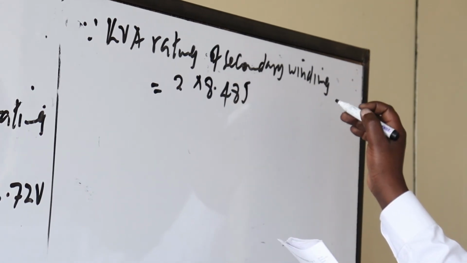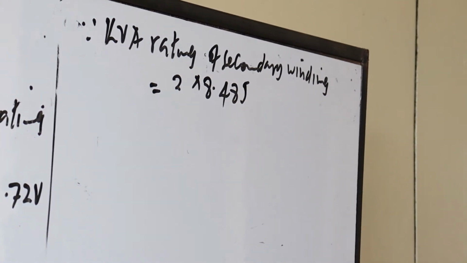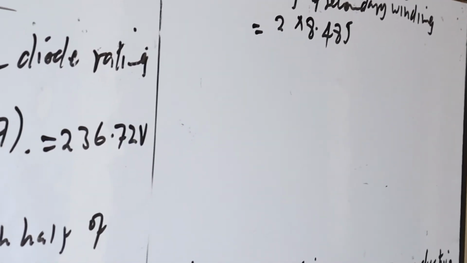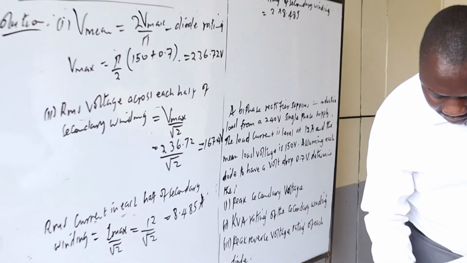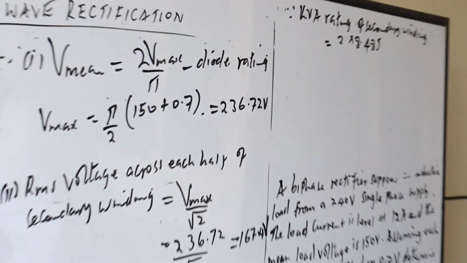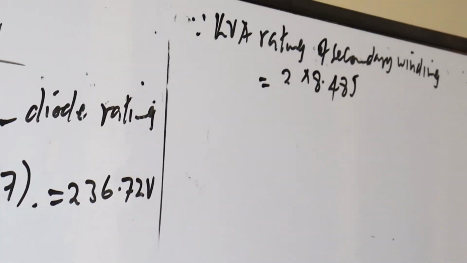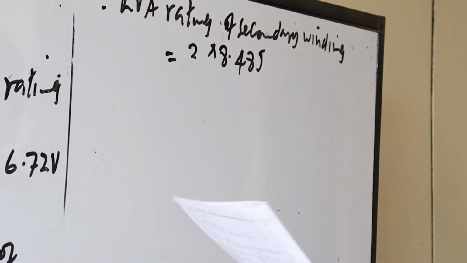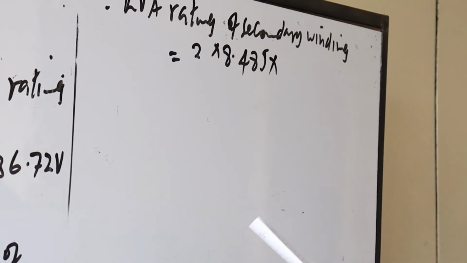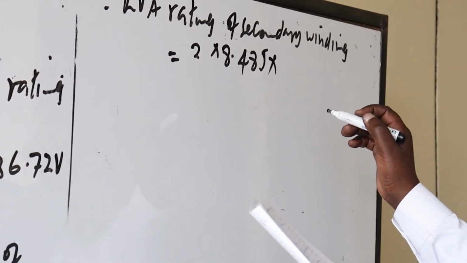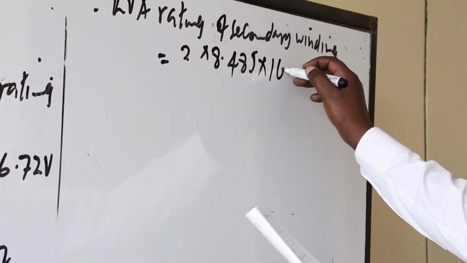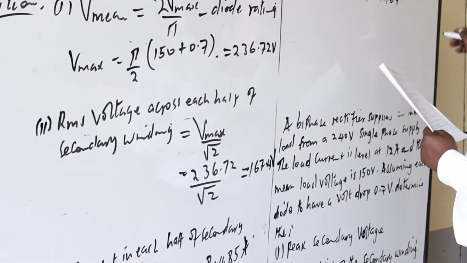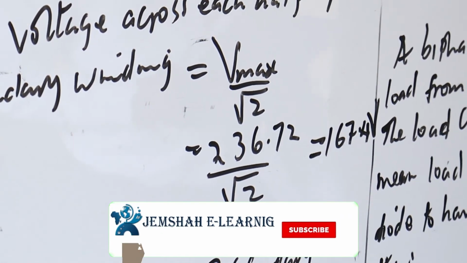Actually, this should be 12, just a minute, calculator. So this will be 2 times 8.485 times 167.4.